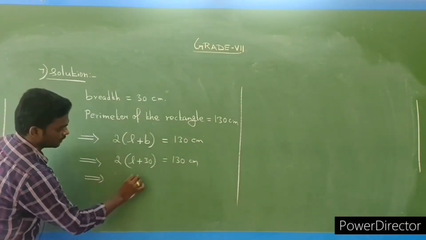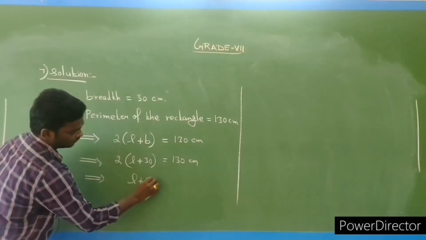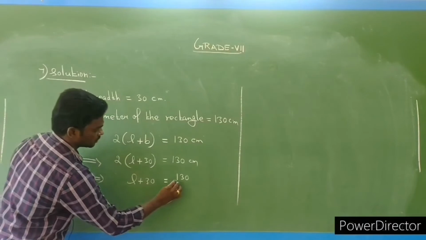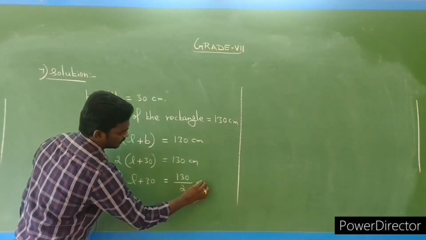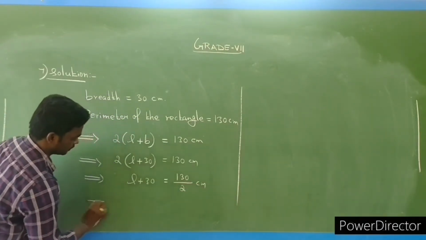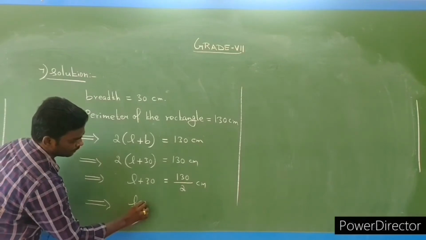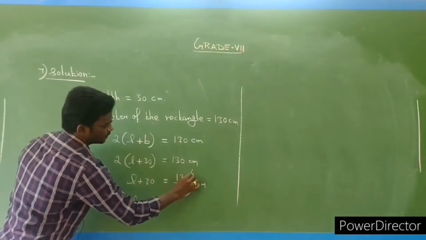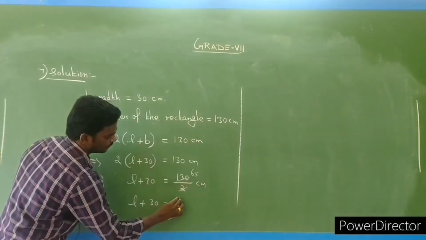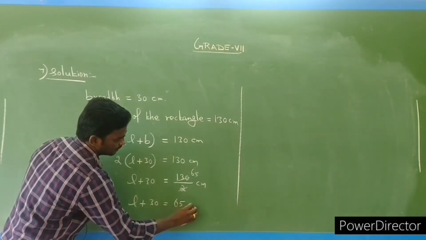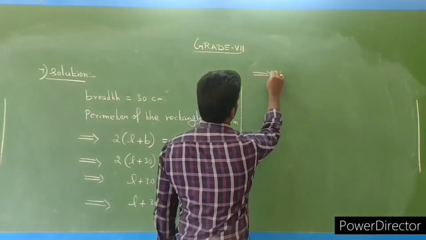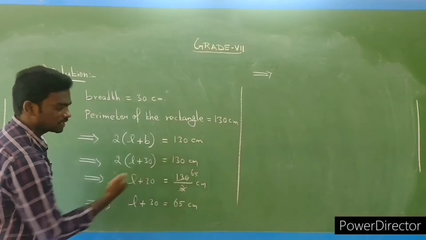Implies that L plus 30 centimeter is equal to 130 and this 2 is transposing to division to the right side. So L plus 30 is equal to what is that? 1 2s are 2, 65 2s are 130. 65 centimeter. Implies L plus 30 is equal to 65 centimeter.